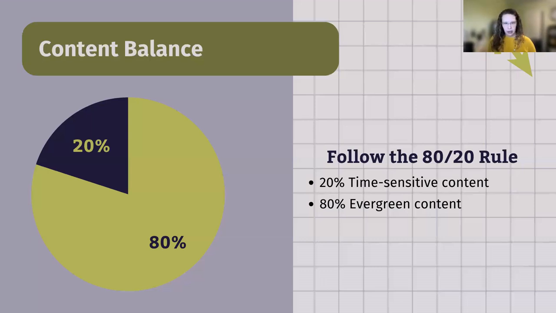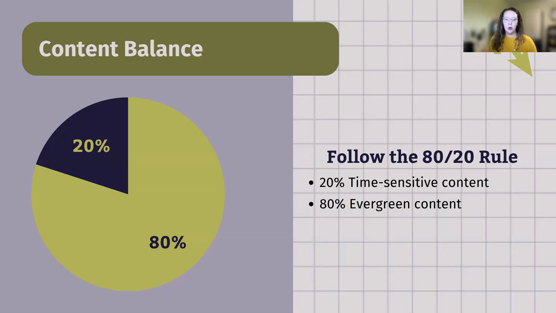But what does evergreen mean? Evergreen content is content that has a long shelf life, like the blog that we've had on our site for 10 years. It's still of interest to people, so it's going to be relevant now and even in the future. With evergreen content, we may need to periodically update it, but the overall message and information is going to be valid for hopefully years or decades to come.